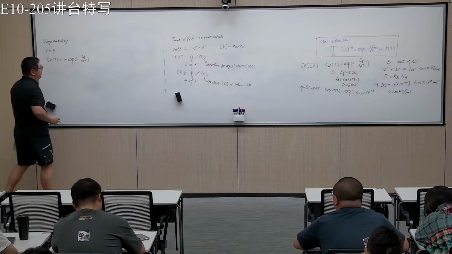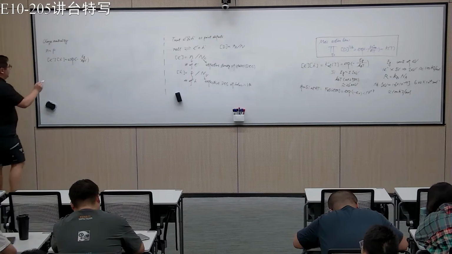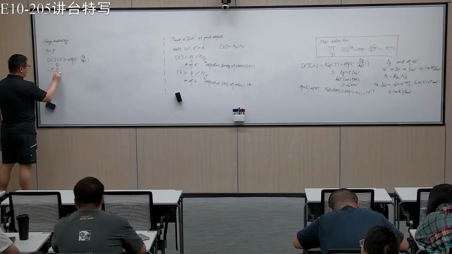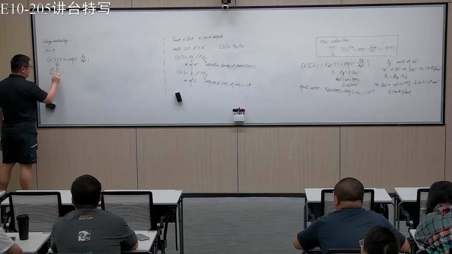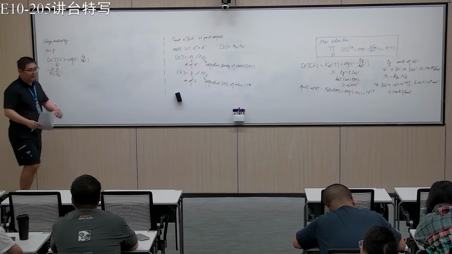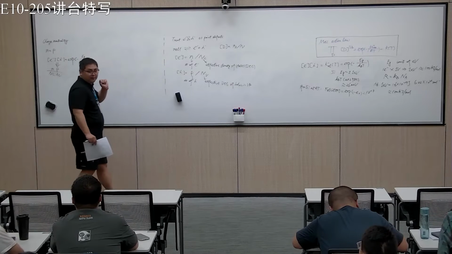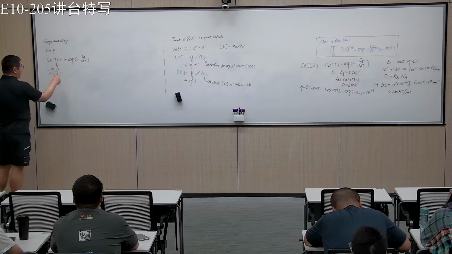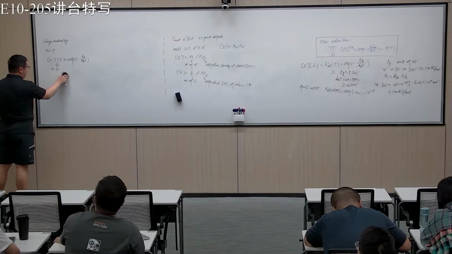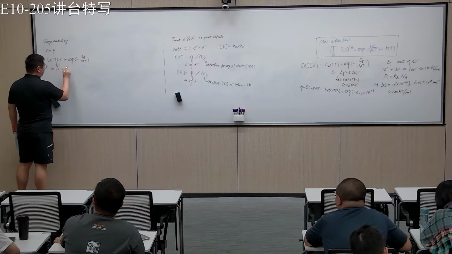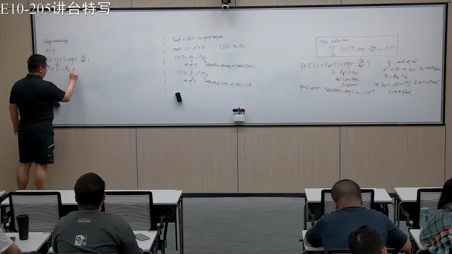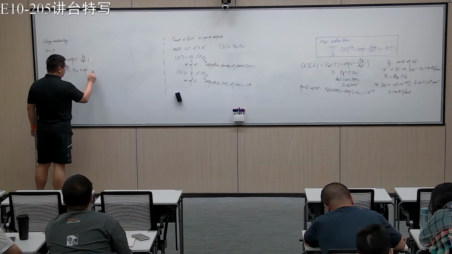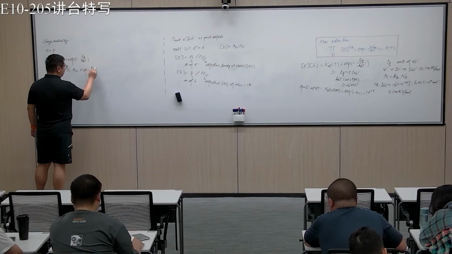This guy should be N times P over NC times NV, right? You have the definition here. No problem, right? Then I just move this one here. N times P should be NC times NV times exponential minus E_G over k_BT.